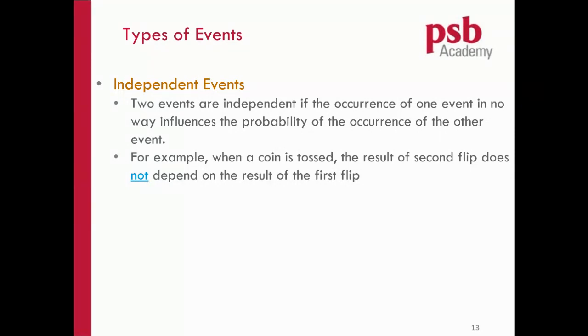When you toss this coin, will the result you get from the die depend on what you get from the coin? It won't. If you toss a coin in the right hand, what would you get from the die in the other hand? Anything. So they are not dependent on each other, and we call them independent events.